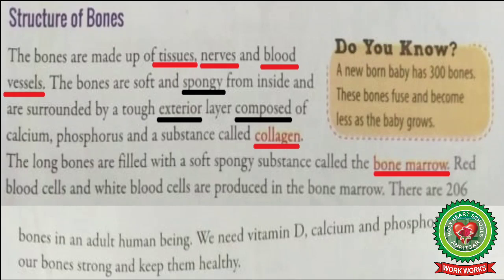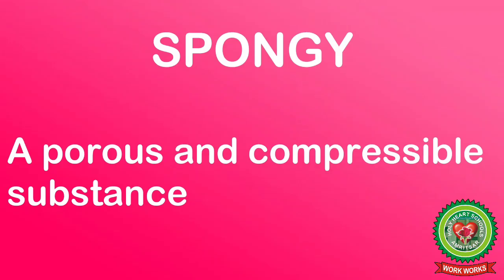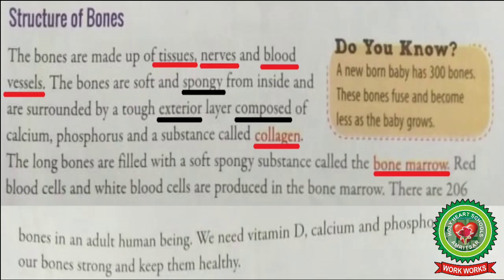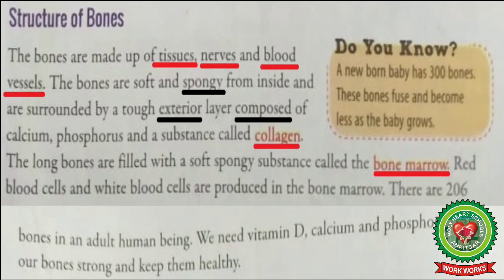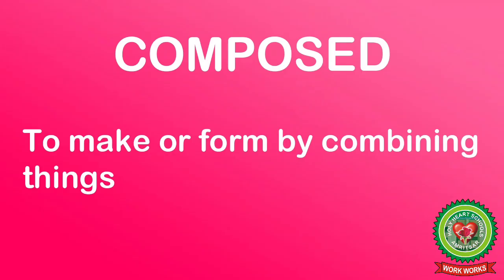substance called collagen. Now underline word spongy and write down its meaning, a porous and compressible substance. Underline word exterior and write down its meaning, situated on outside of something. Now underline word composed and write down its meaning, to make or form by combining things.